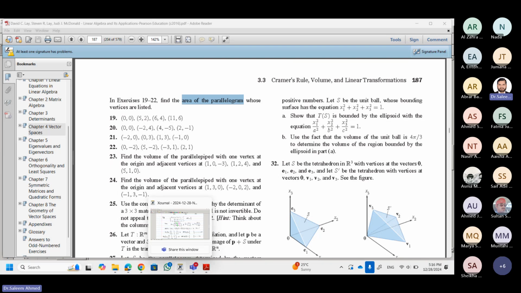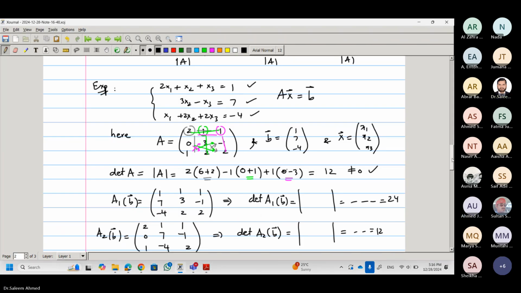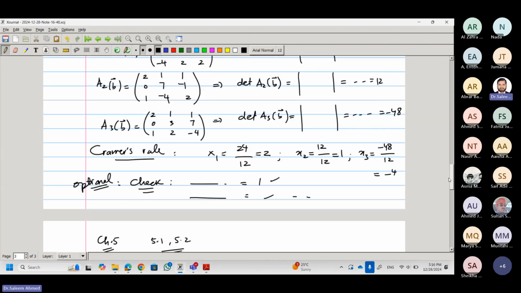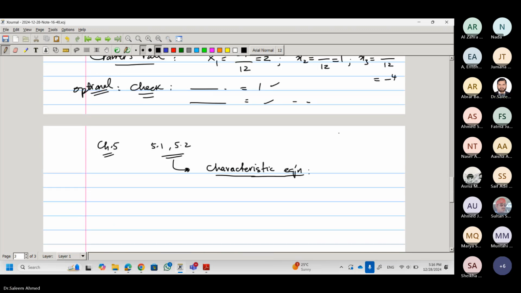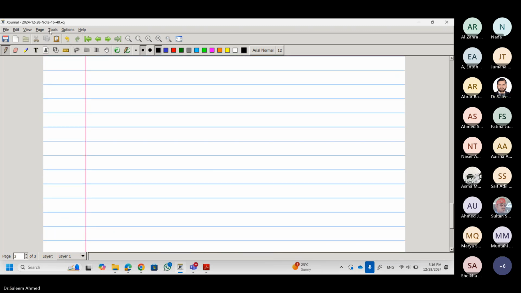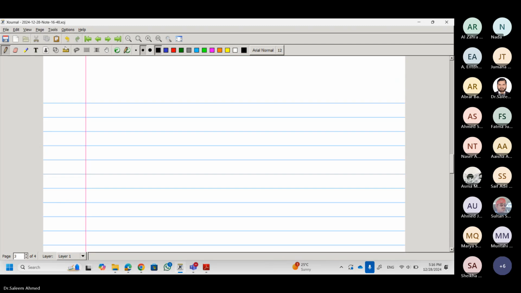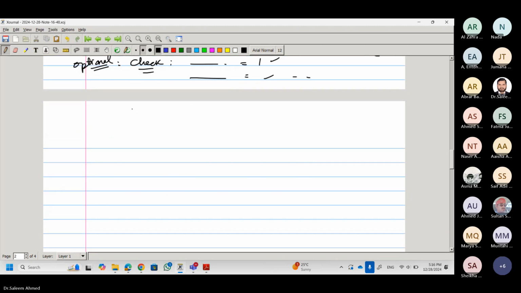Area of parallelogram is just the determinant. Okay. If you have a vector here, right, and a vector here, two vectors are given, and these vectors are, of course, in column form.